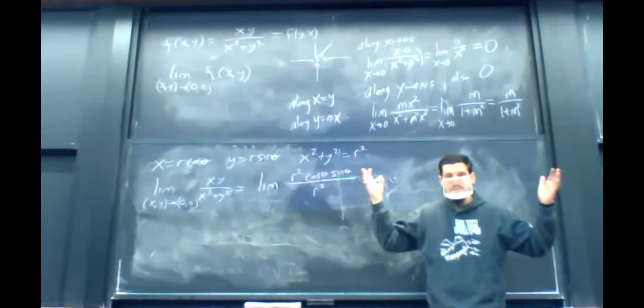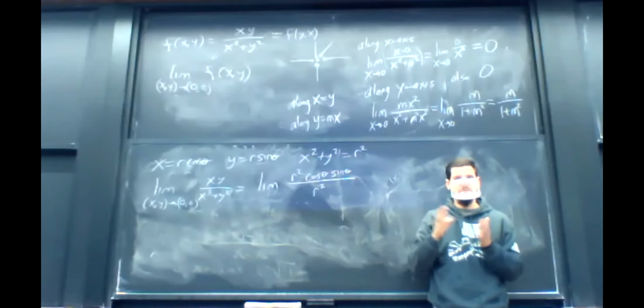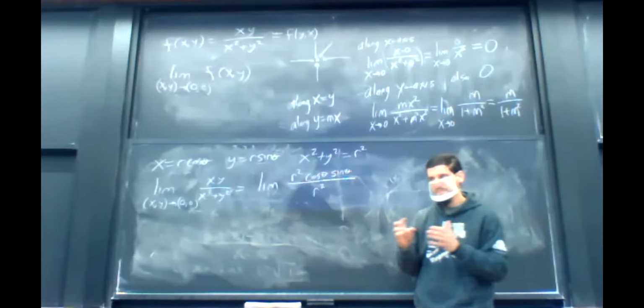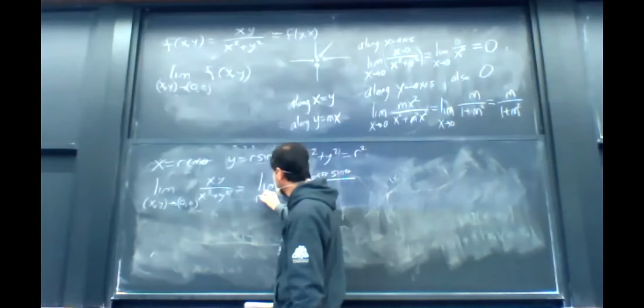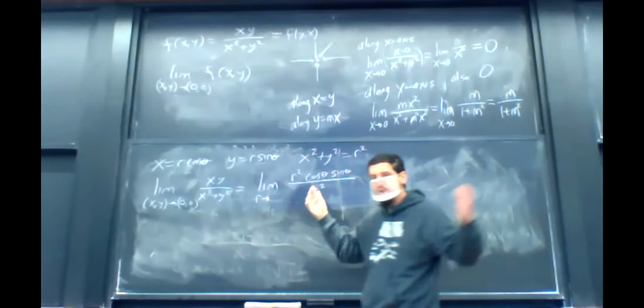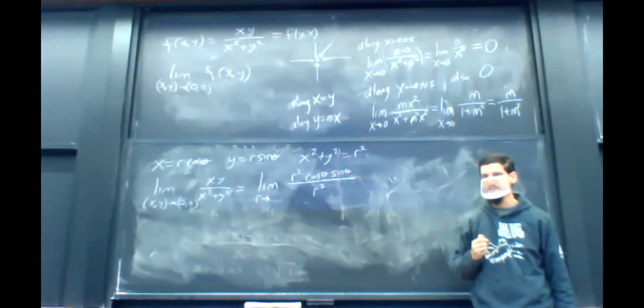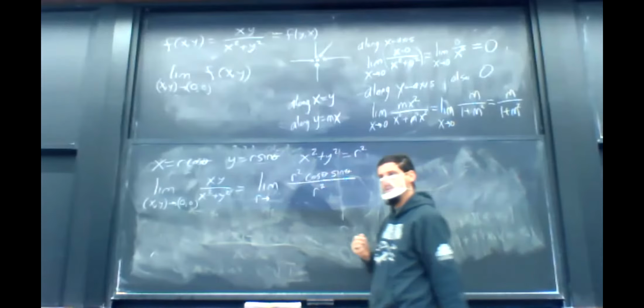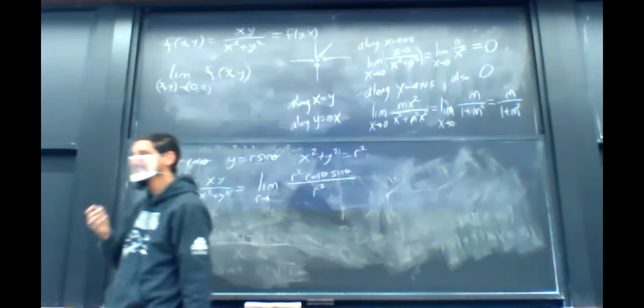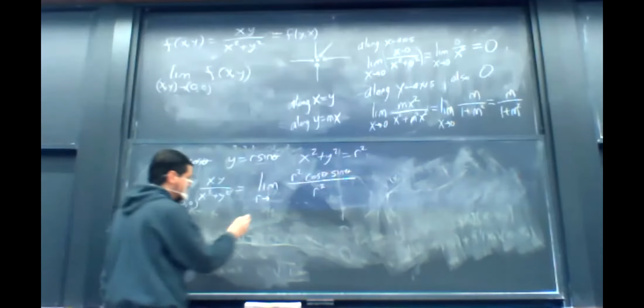Now, if (x,y) goes to (0,0), what happens to r? It goes to 0.